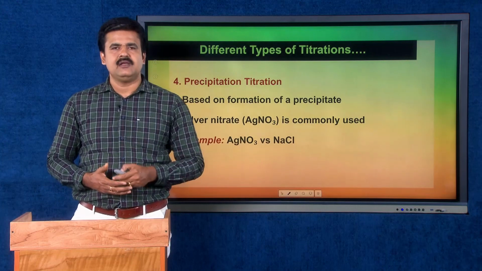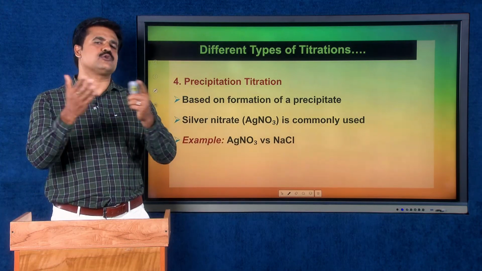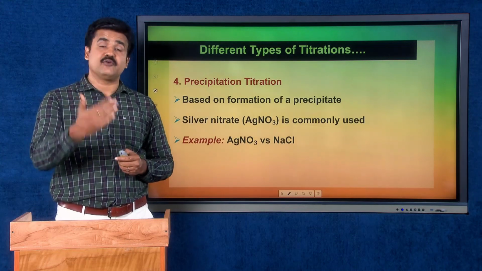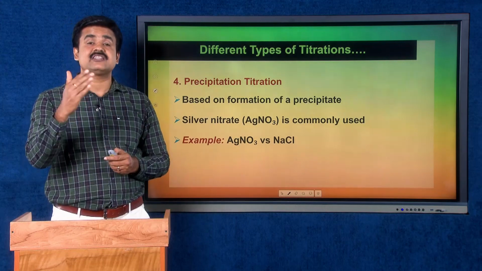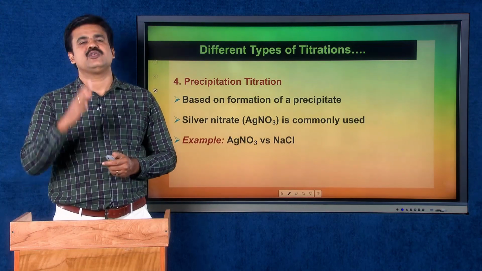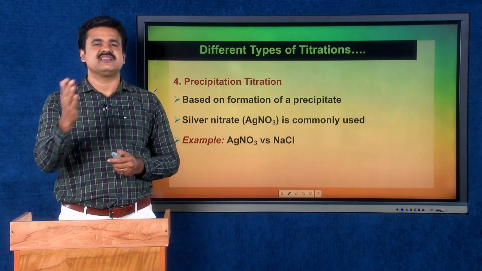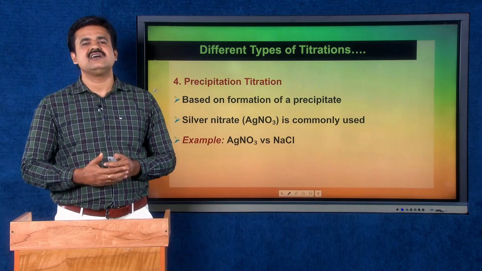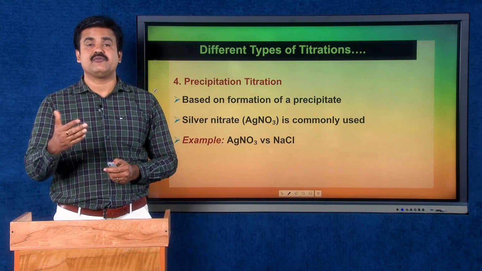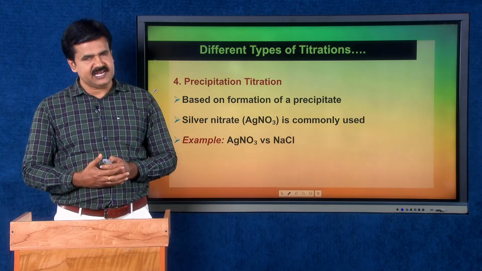For example, you can titrate silver nitrate against NaCl. During the reaction between AgNO3 and NaCl, there occurs the formation of a white curdy precipitate, silver chloride. Based on that precipitate formation, you can assess the concentration of one of the reagents. So, that is about precipitation titration. We have discussed different types of popular titrations adopted in volumetric analysis.